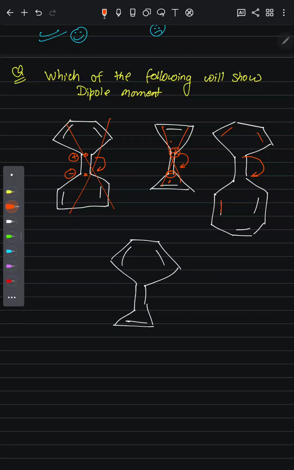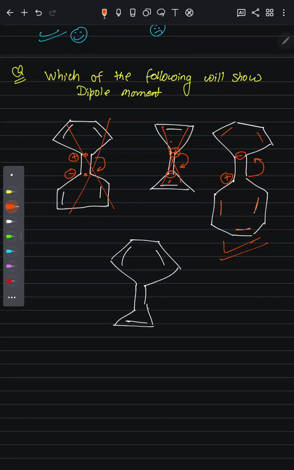In this ring, if we go from here to here, then 2, 2, 2, and one negative charge will form here, so 2. So 8 electrons will be present and 4, so this is not possible, but here we have to put this direction, then the positive charge will come here and the negative charge will come there, so both have 6 pi electrons. So the dipole moment is present here in the upward direction. And this molecule is also aromatic.